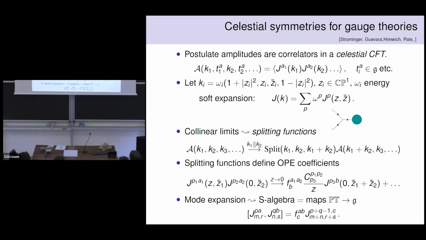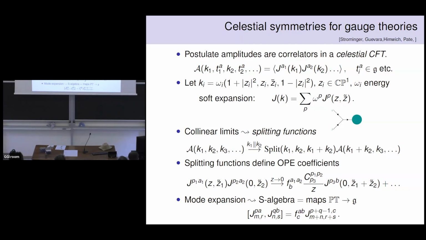There's what people refer to as the bottom-up approach, where you say, well, I can't write down such a theory, but what would it have to do to recreate the scattering amplitudes that we know and love?